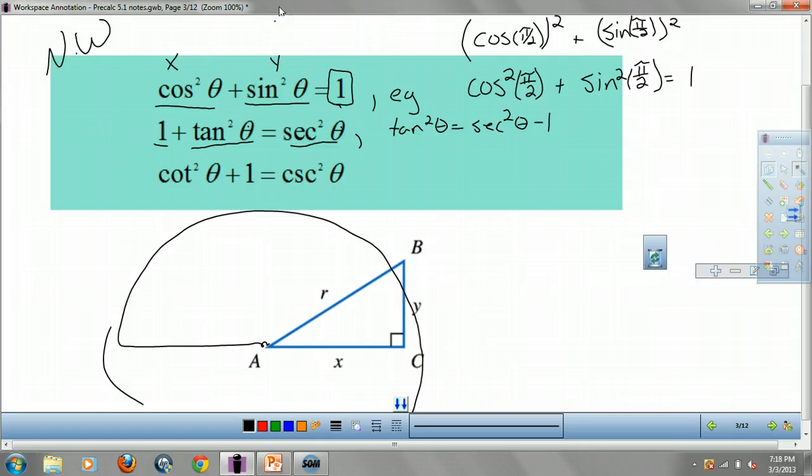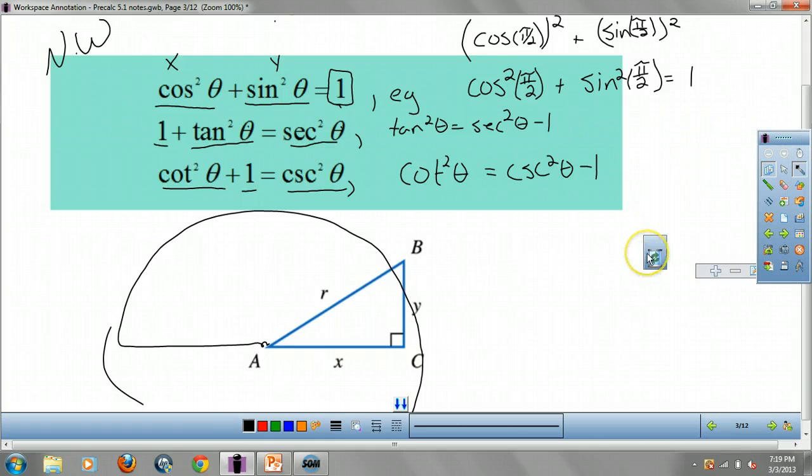When you start doing integration, this stuff comes up a lot. And your cotangent squared plus 1 equals cosecant squared. Also, corollary to this one is cotangent squared equals cosecant squared theta minus 1. Okay?